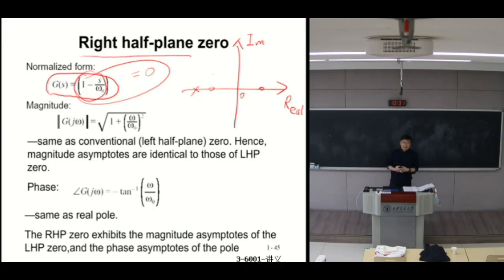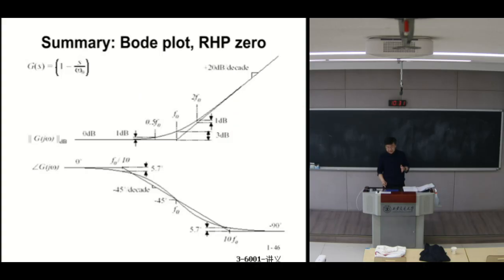You have never seen this before, but you will see this in power electronics. We will talk about the real right half plane zero in the real power converter. The Bode plot of this right half plane zero combines the magnitude Bode plot of a normal zero but the phase angle Bode plot of a normal pole.